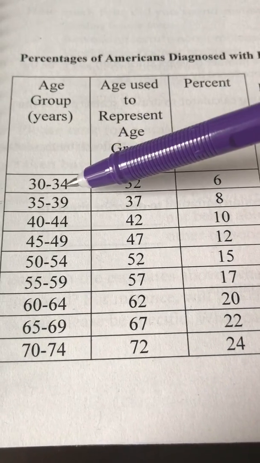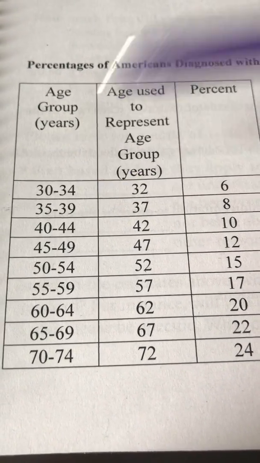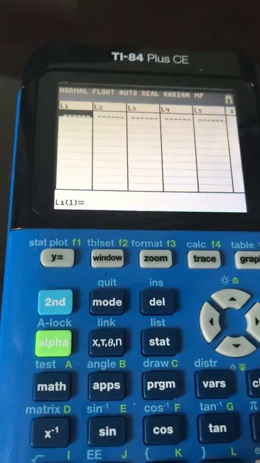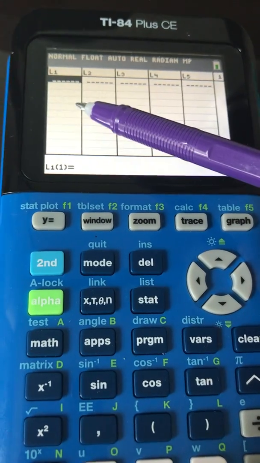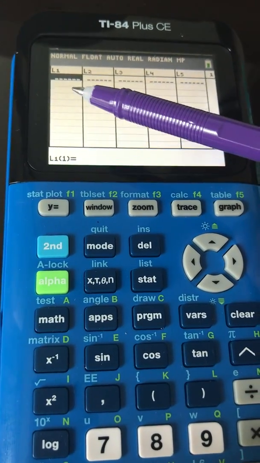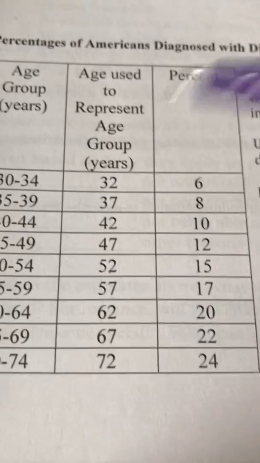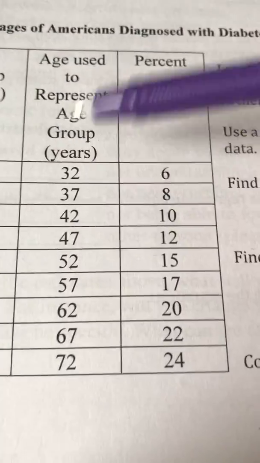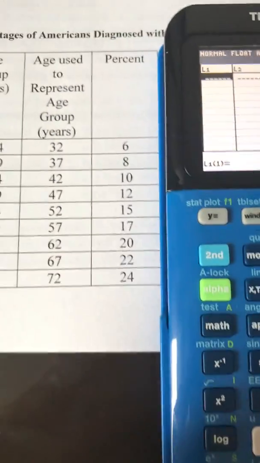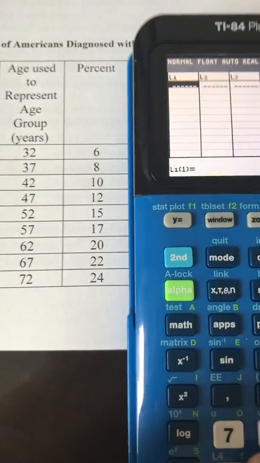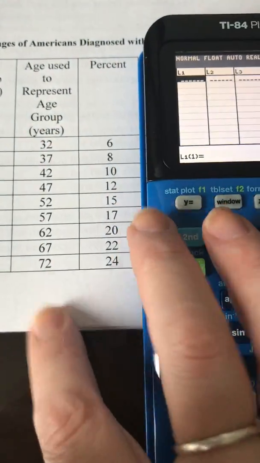In our calculator we can't put 30 to 34, 35 to 39 for list 1, because it's not going to give us the regression equation. We'll have an error. So we're going to use the ages in the second column, the numbers used to represent the age. In list 1 we're going to input all of these numbers.